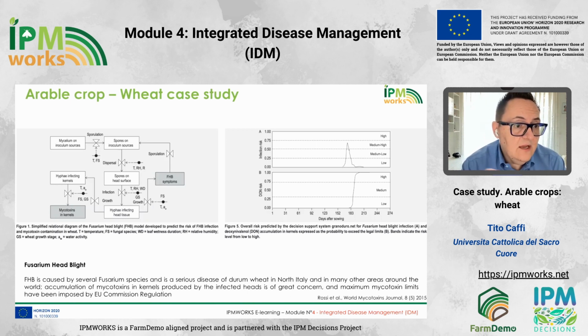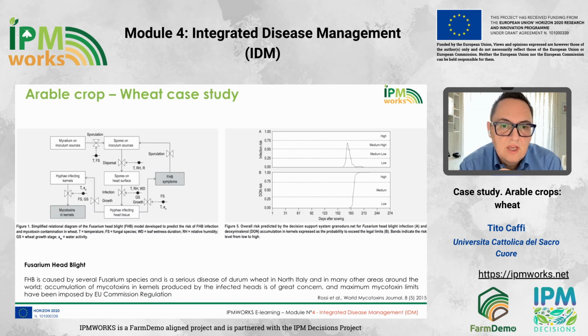And from the other side, according to the environmental conditions, the growth stage of the plant, and the evolution of the pathosystem in general, we can quantify the infecting kernels, and so how much mycotoxins we can have in kernels. From the graphical output, we can see an infection risk that is strictly related to the flowering period.